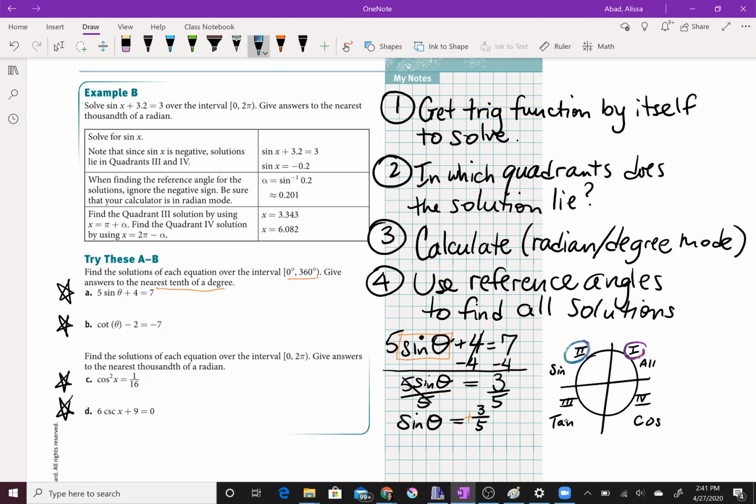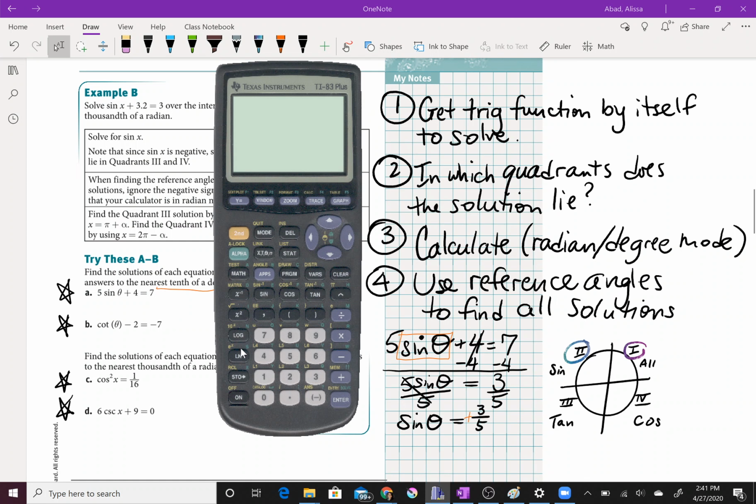Let's go ahead and calculate this now. So on the graphing calculator, I want to find out what theta is equal to. That's really what I'm trying to get to, but that means that the sine is in the way. So in order to get rid of that sine, I need to take the inverse sine of it. So this is the sine key, but I'm going to get that inverse sine that's over there by doing the second function.